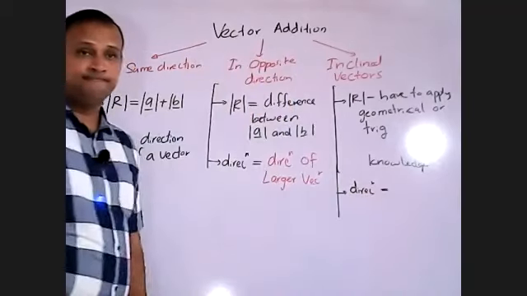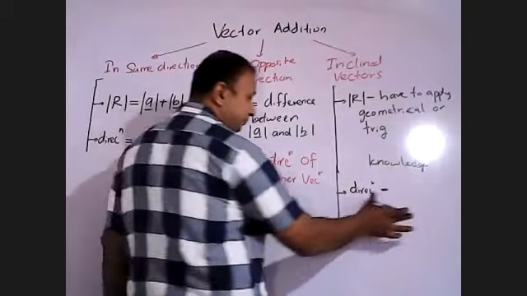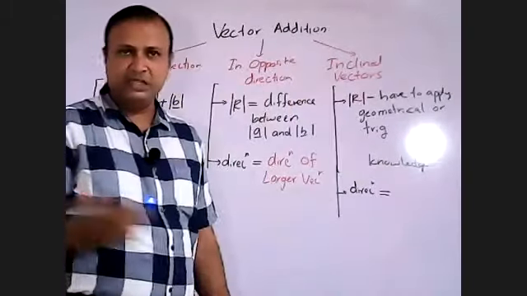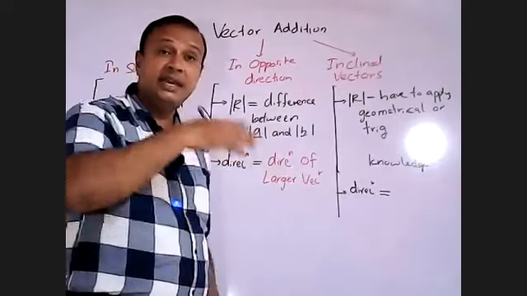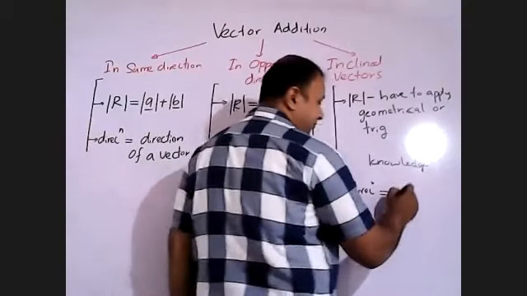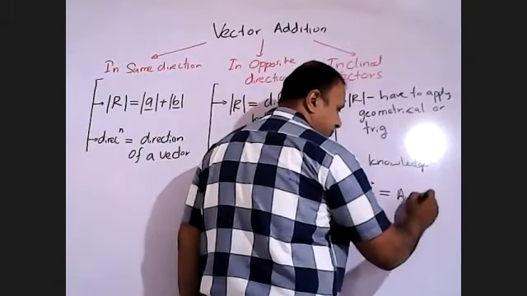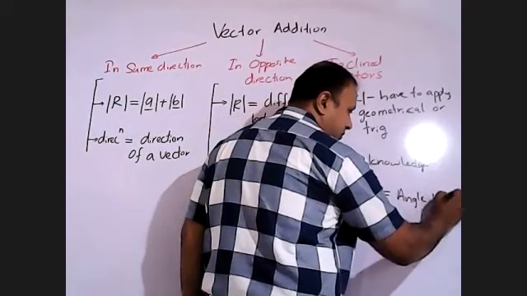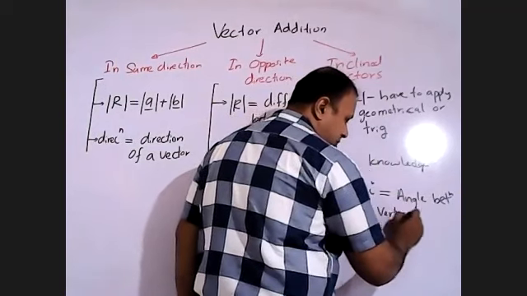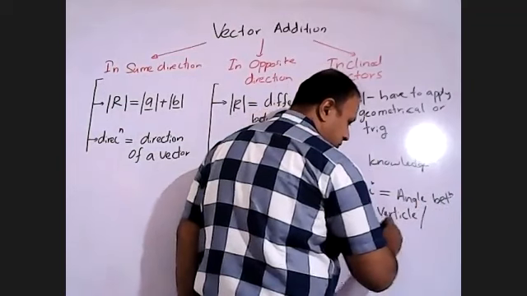Direction: how to find direction? We can just define it as the angle between vertical or horizontal.